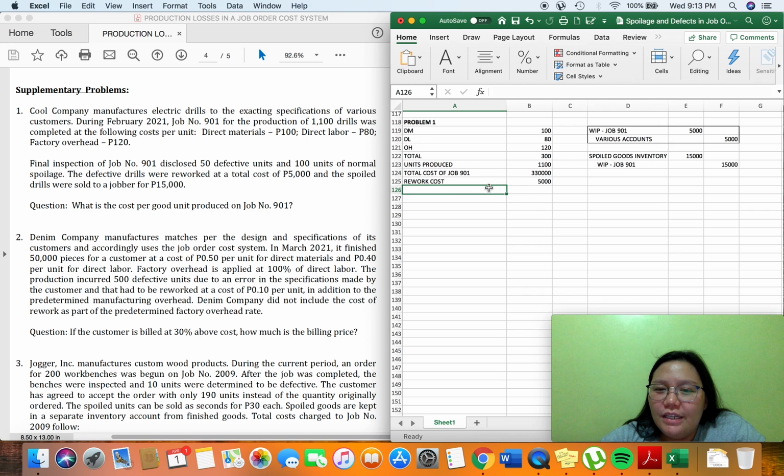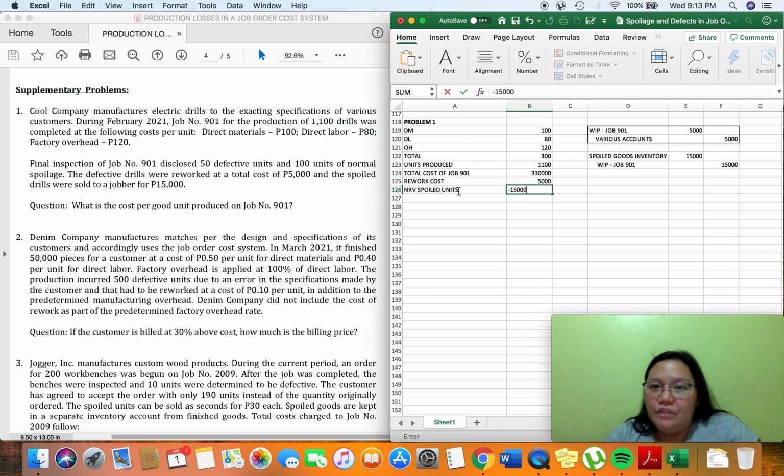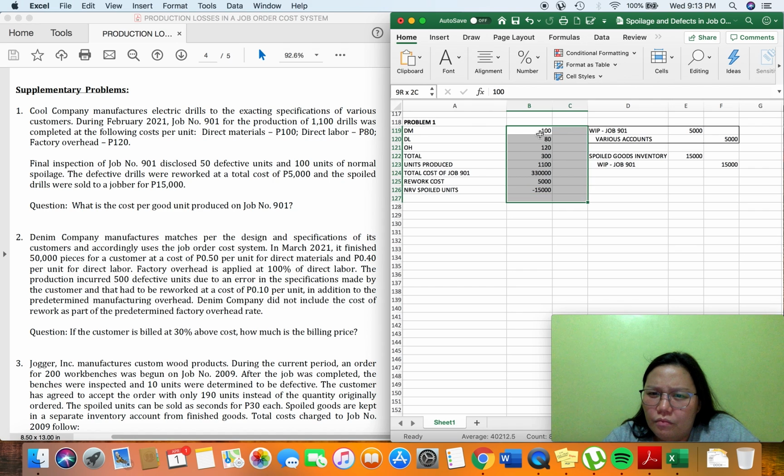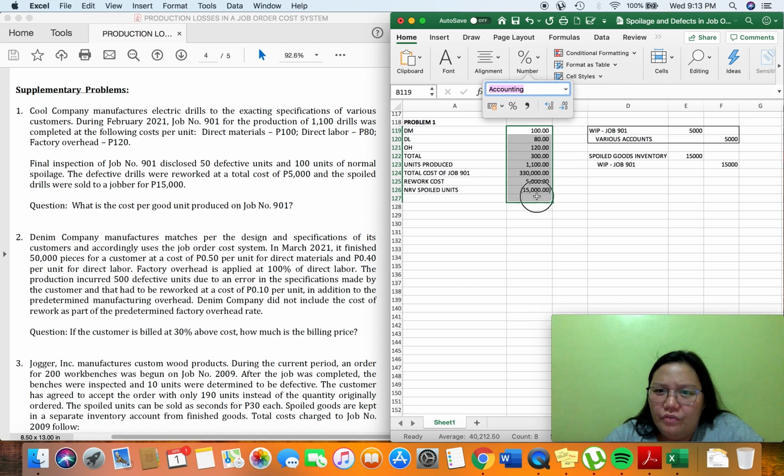So, if the rework cost will be added, yung NRV ng spoiled units natin will be deducted naman. So, we have 15,000. Okay? Sige, wait, para maayos. 15,000.